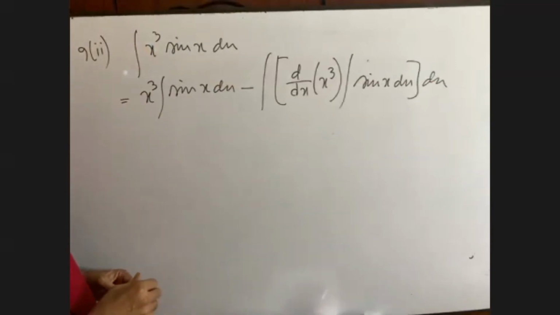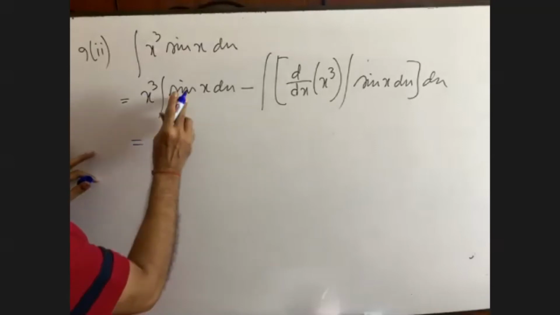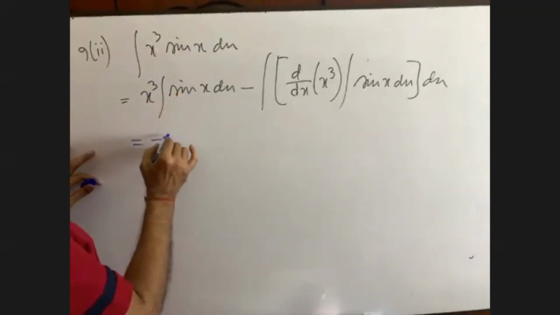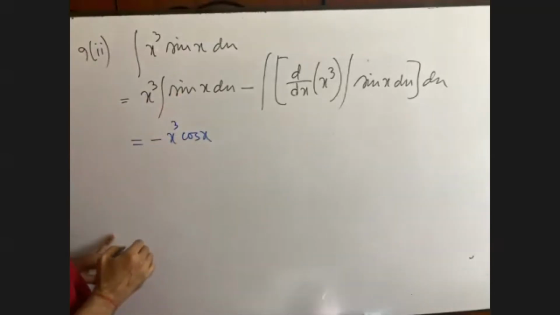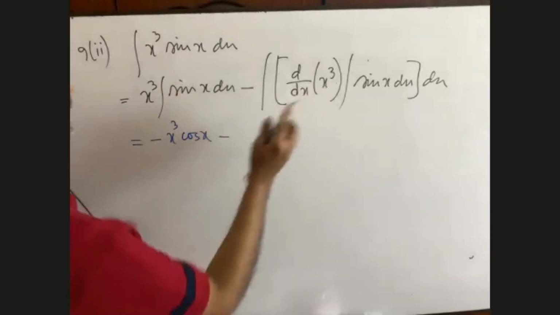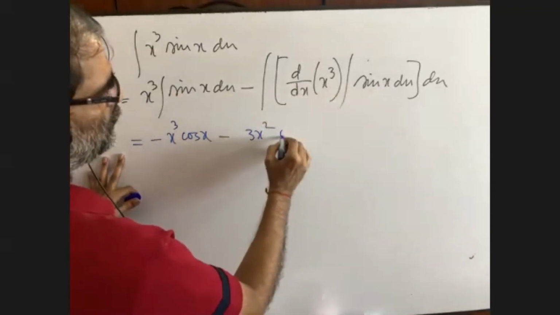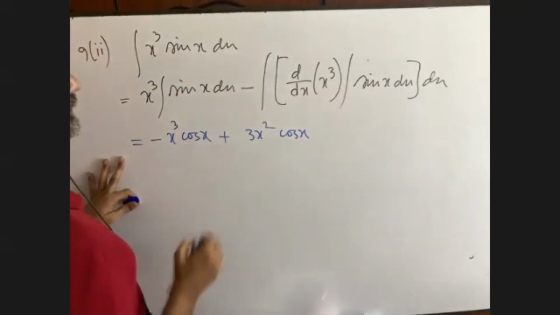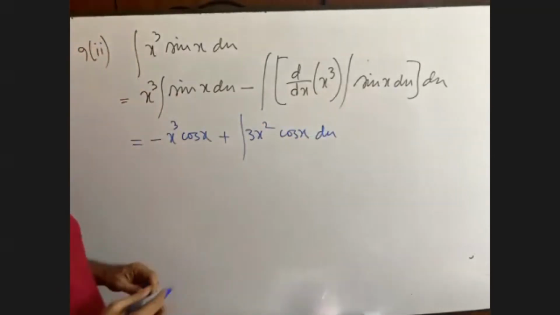Now you see it is sin x, that is minus cosine x. So x cube cosine x minus, x cube what? 3x square, sin x what? Minus cosine x. So it is plus, dx.